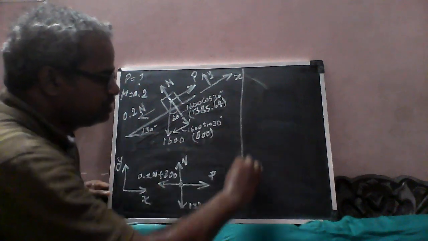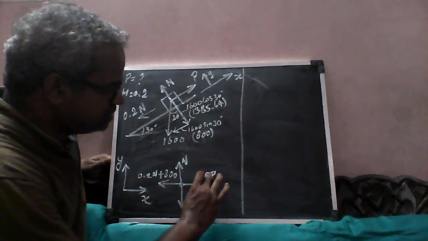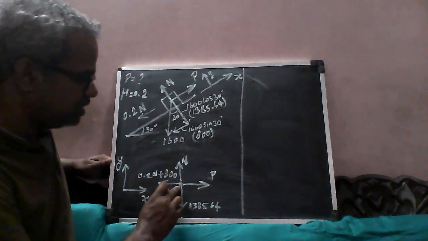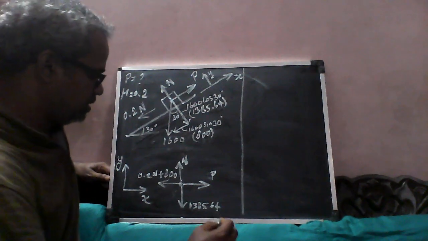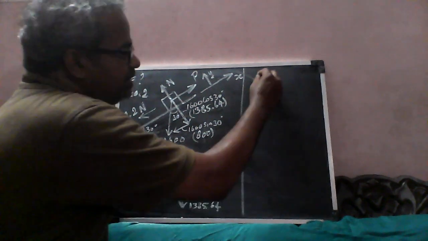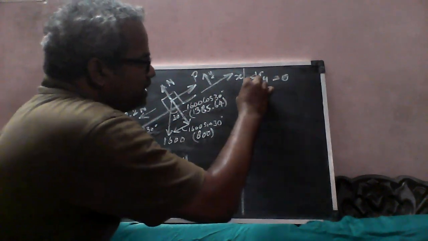So coming to this, how to solve this? This block is nothing but a particle in two dimension, which is in equilibrium, right? So I can write the summation of Fy is equal to 0, one equation.